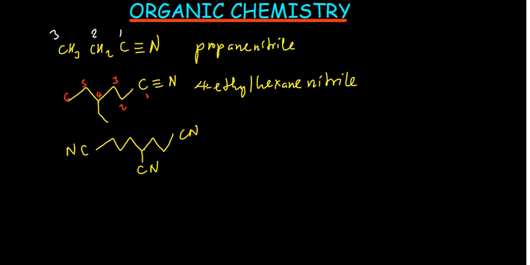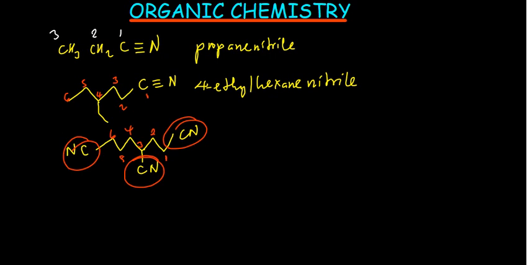Now in a case where we've got more than one nitrile functional group, on a chain, when we are numbering it, we will not number starting from the carbon of the nitrile. Simply number this one: first carbon, second carbon, third, fourth, fifth, and also sixth. So these will be just alone like that.